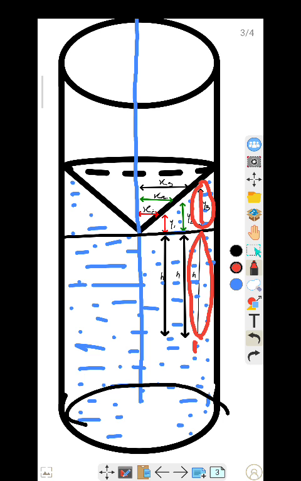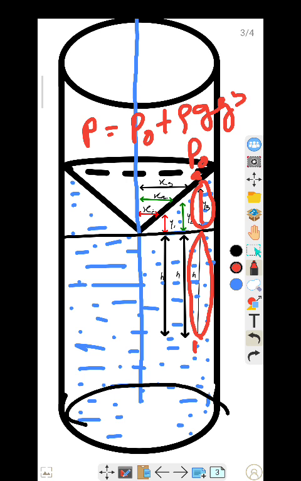So we can write the total pressure as P equals, if the atmospheric pressure P naught is at the open surface, P naught plus rho g y3 plus rho g h, right. This will be the total pressure at point 1, because the total depth from the open surface is y3 plus h, and atmospheric pressure is P naught. So this will be the total pressure at point 1, right.